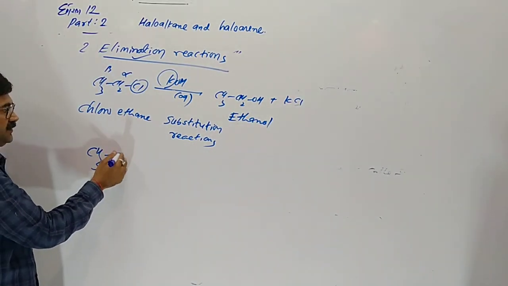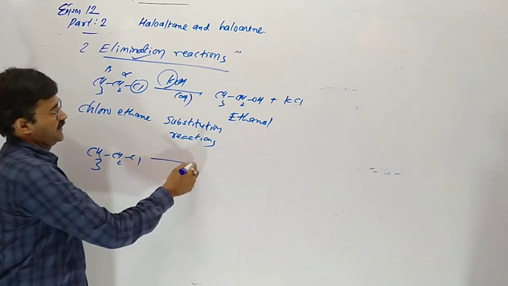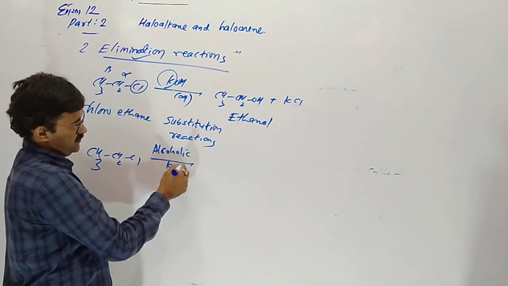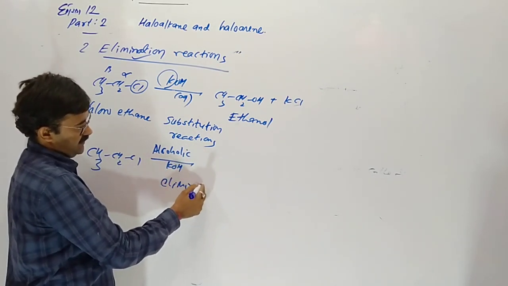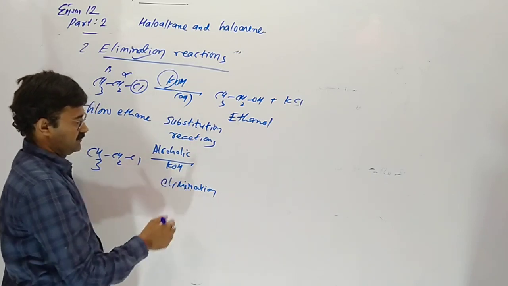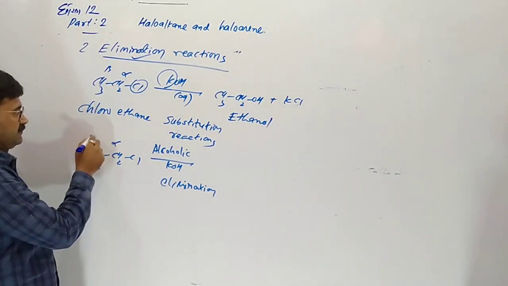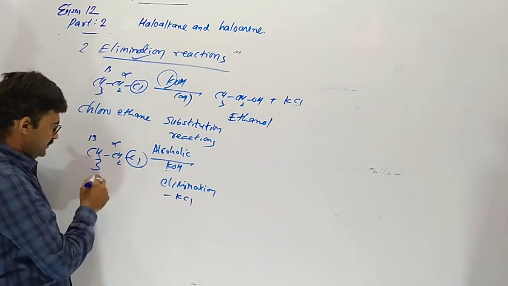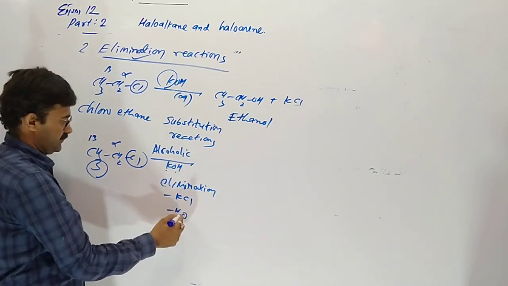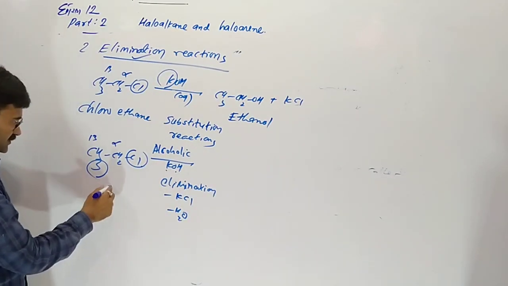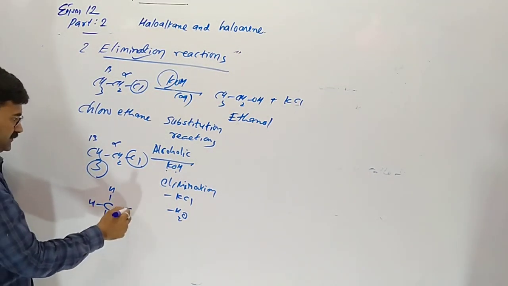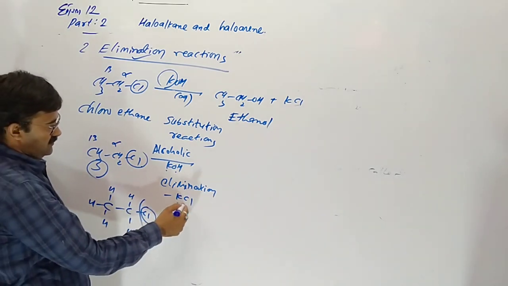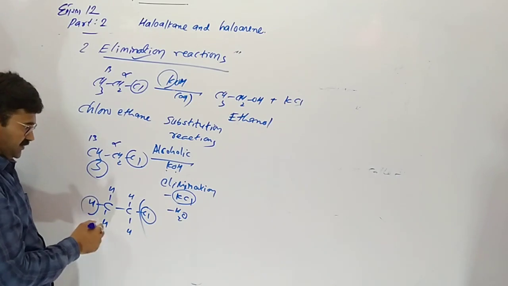If ethyl chloride is reacting with alcoholic KOH, then elimination occurs. Alpha and beta, K with Cl, KCl, H with OH, H2O. Here in CH3, CH2 and Cl, chlorine is removed, and H with OH.